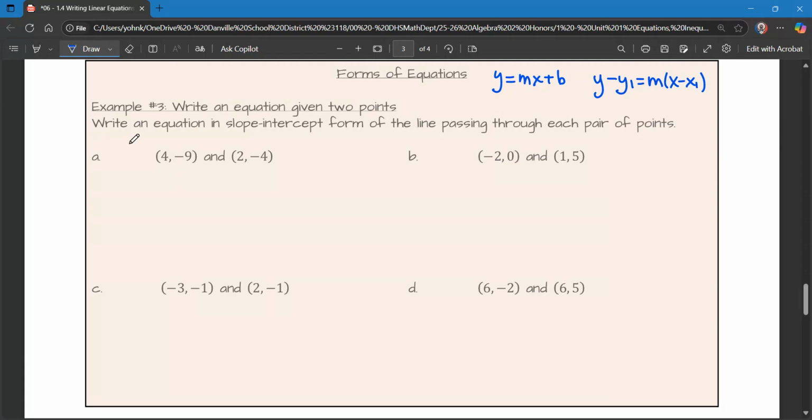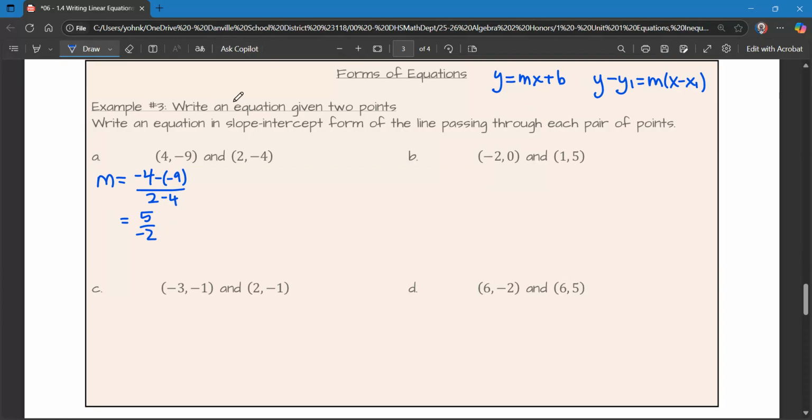Okay, letter A. They've only given us two points, so the first thing I need to do is find the slope. So first I'm going to find slope by doing -4 minus a -9 over 2 minus 4. That's going to give me 5 over -2, so my slope is -5/2.